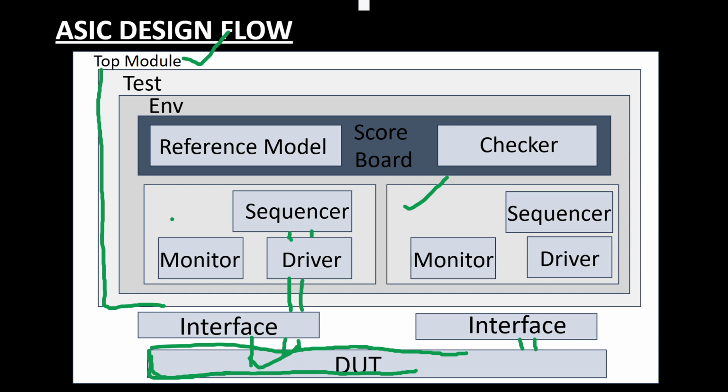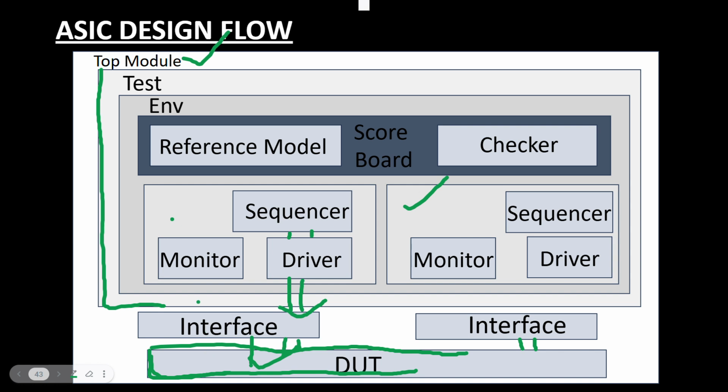Those test cases will be given to the driver or the BFM, which is known as bus functional model. Those test cases will be applied to the DUT. It means we check those input values by applying them to the DUT, and we will get an output, right, through the interface. Through the interface we apply the input and we get the output.